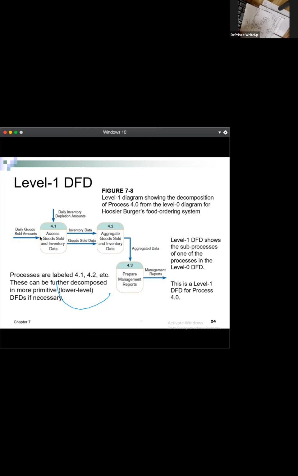Okay, so what happens with the first process after breaking down? This will become 4.1. All right, it will become 4.1. So 4.1 will be access goods sold and inventory data.